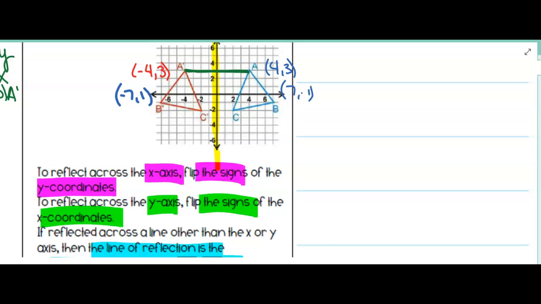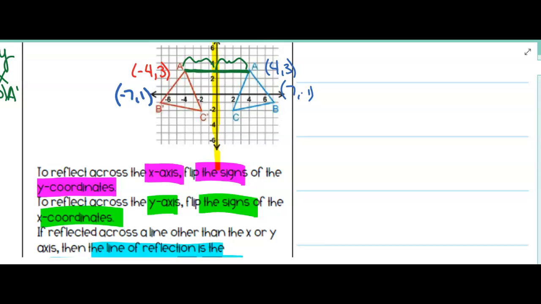What is useful is that this line of reflection bisects this segment here, which means this distance is congruent to this distance. Notice both of those points are 4 units away from the line of reflection.